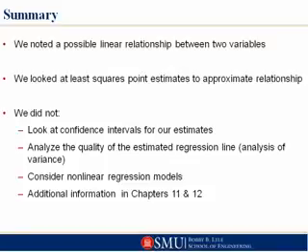We noted a possible linear relationship between two variables, and looked at least squares point estimates to approximate the relationship. Again, those B0 and B1 were point estimates for the beta naught and the beta 1, which would have been the true regression line.